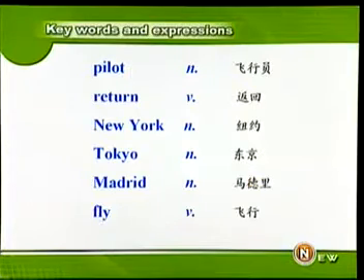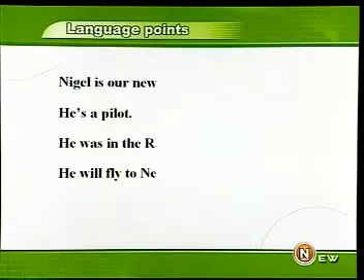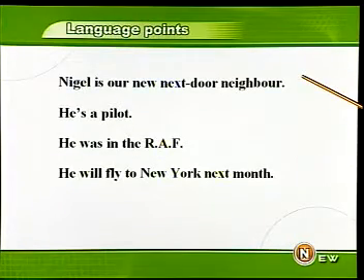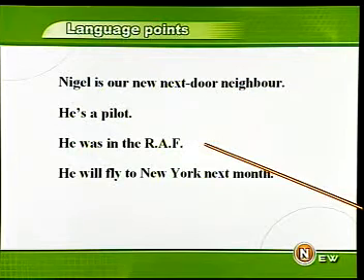Fly 是一个不规则动词，它的过去式和过去分词分别是 flew, flown。好，一起来看本课中的主要语言点。Nigel is our new next-door neighbor. He's a pilot. He was in the RAF.